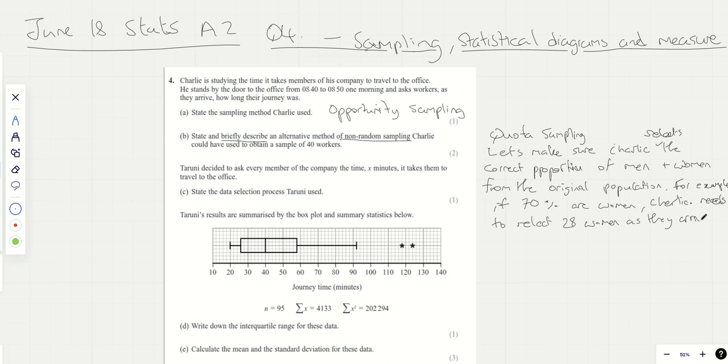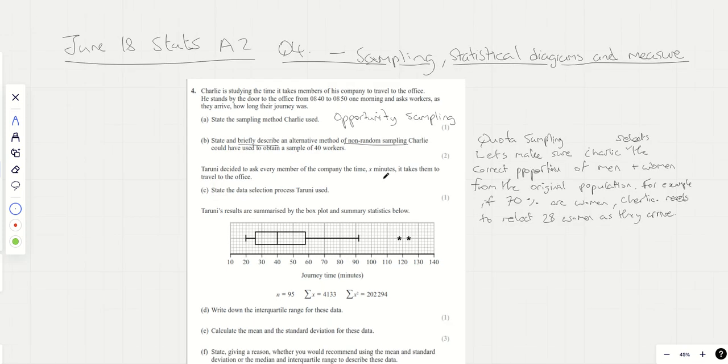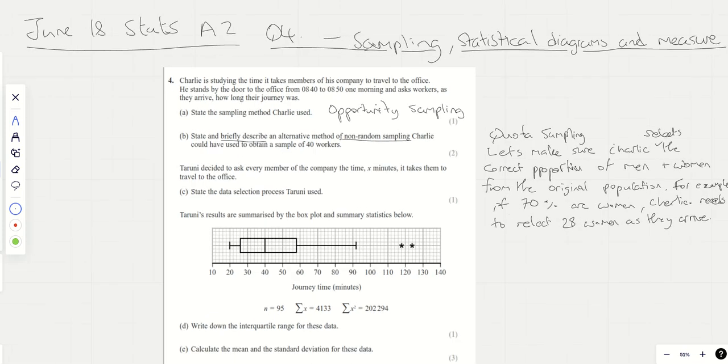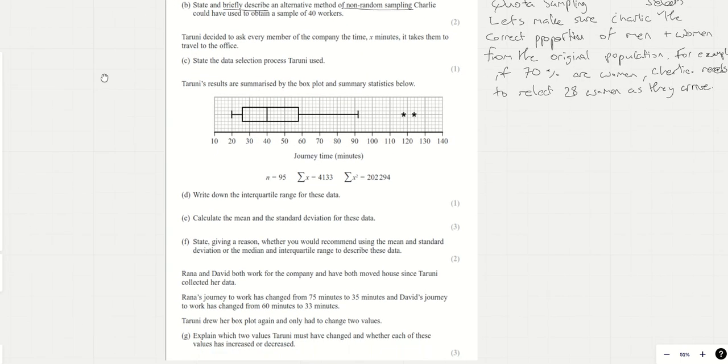And obviously with quota sampling, once you've reached a quota, you don't have to ask any more of those. They just want a brief description of how the system might work. That seems like the easiest way of doing it. Remember, it's non-random, so we just pick them as they arrive, because those two types of sampling are non-random.